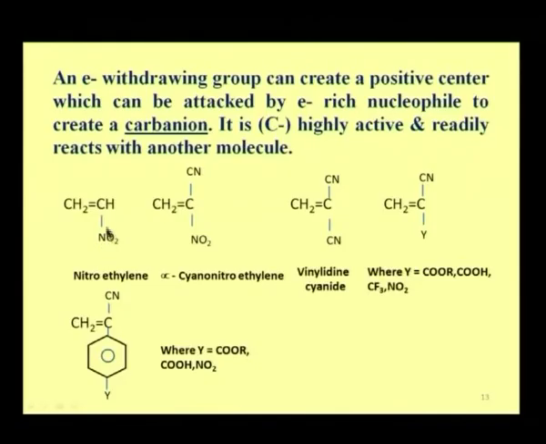So, due to the presence of the electron withdrawing group which withdraws the electrons in this bond and makes this carbon a slightly positive center, it is feasible for the nucleophile to attack very easily where the electron deficiency is faced by the carbon. That is how this reaction is favored by forming what is called a carbanion.